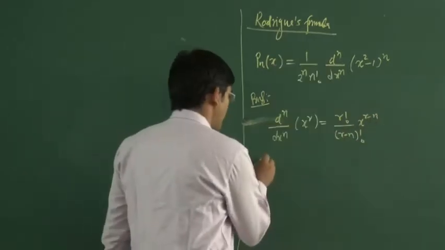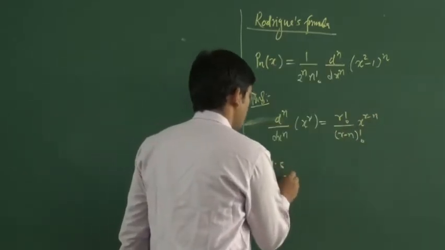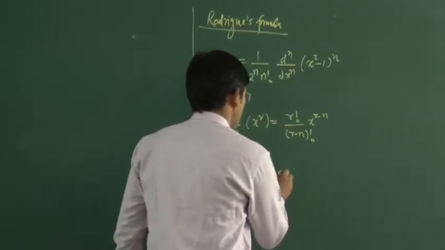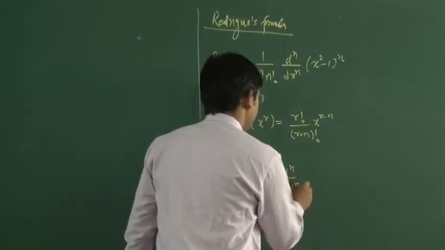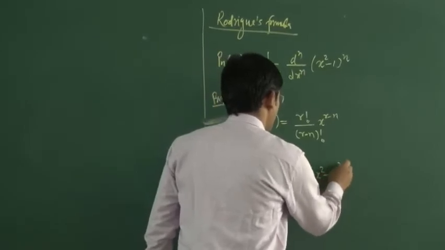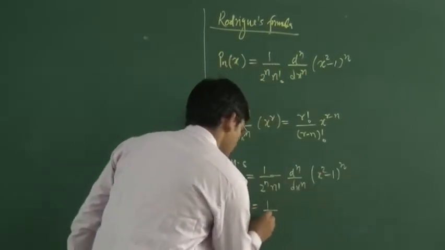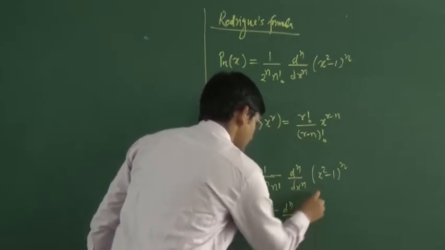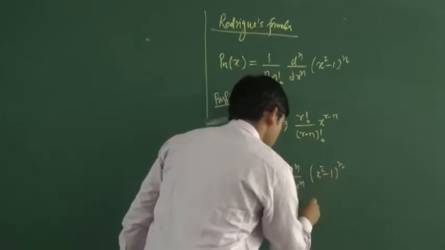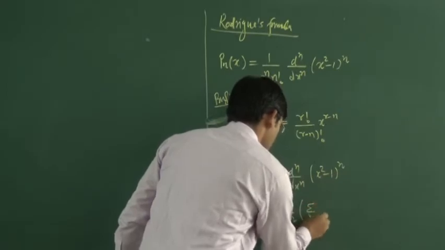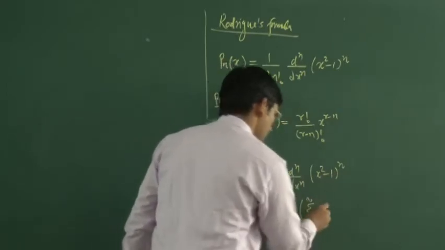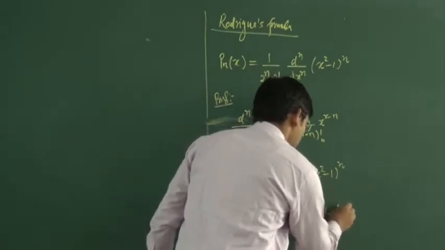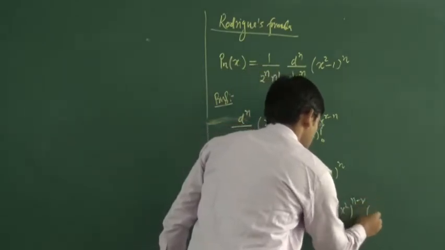So let us take the right hand side. Your right hand side is 1 upon 2 power n factorial n, d^n upon dx^n of (x square minus 1) power n. Now here let us use the binomial series for this one, which is summation r equal to 0 to infinity nCr x power n minus r, then a power r.